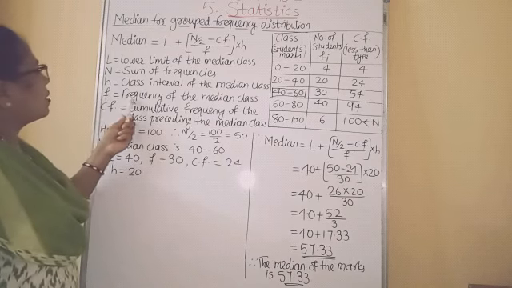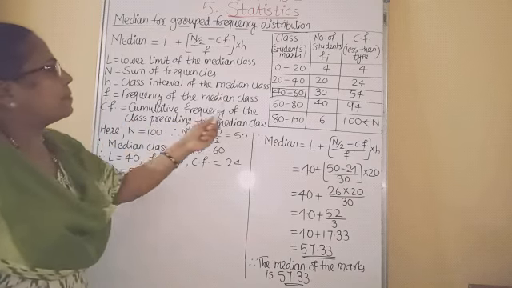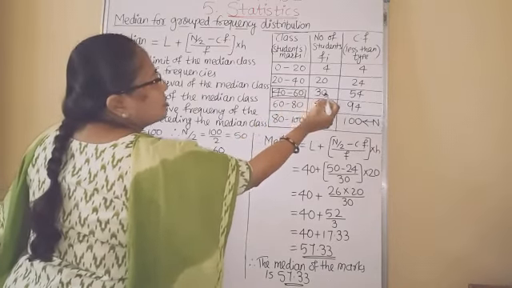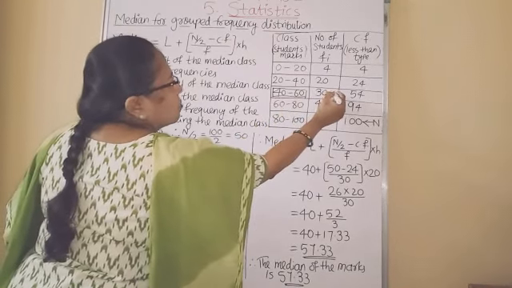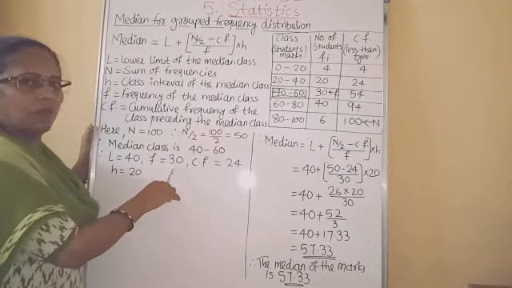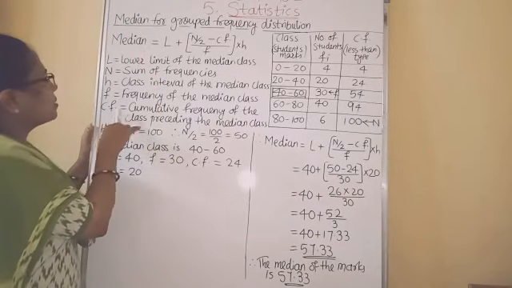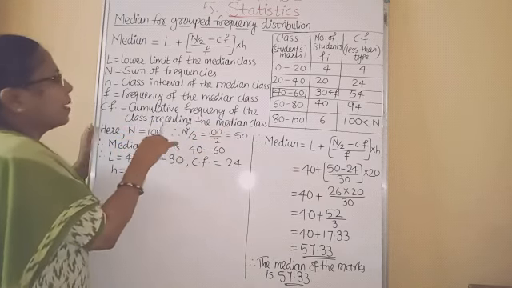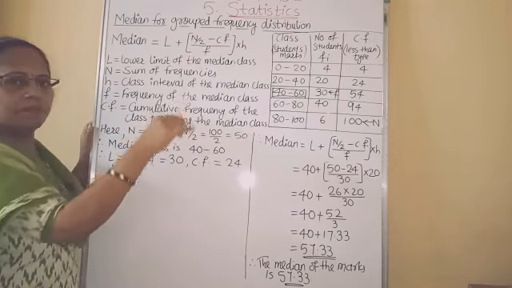Then F means the frequency of the median class. This 40 to 60 is the median class, and its frequency is 30. So the value of F is equal to 30. CF means we take the cumulative frequency of the class preceding the median class.